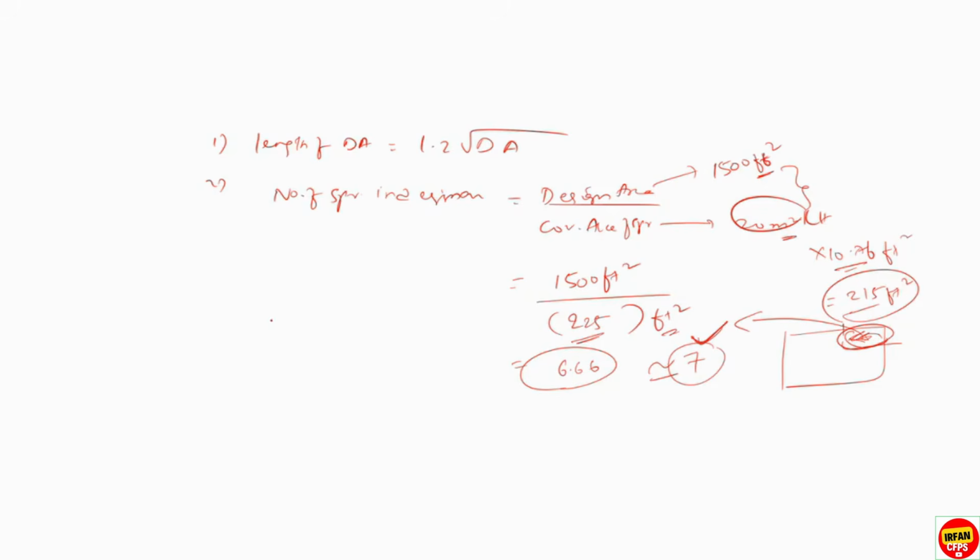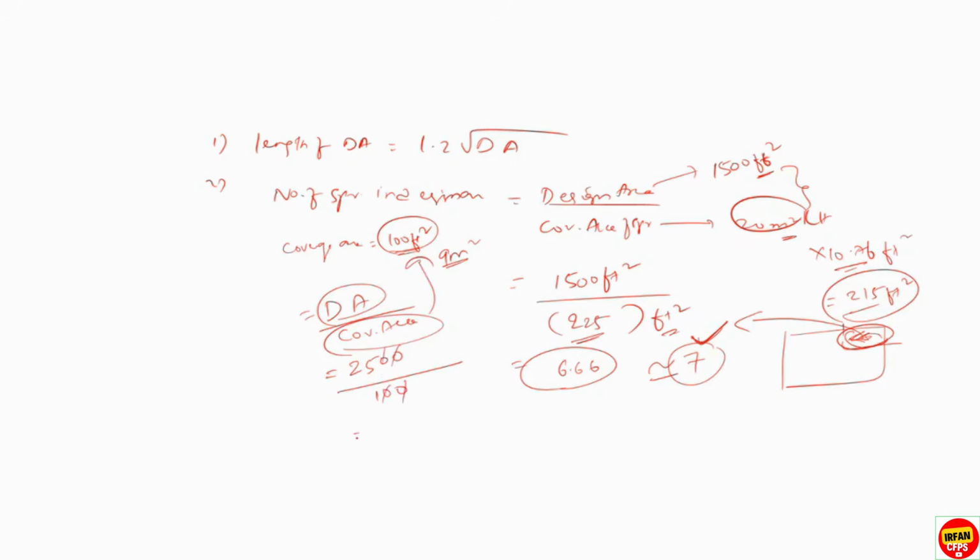Okay, so now consider, for example, a coverage area of 100 square feet. This will be for extra hazard, right? So 9 square meter in metric units, and 100 square feet in English units. So the design area divided by coverage area: the design area for extra hazard will be 2500 square feet and the coverage area will be 100 square feet, right?